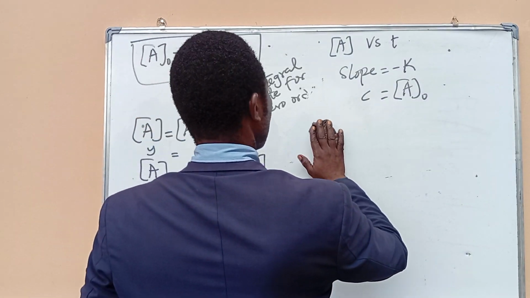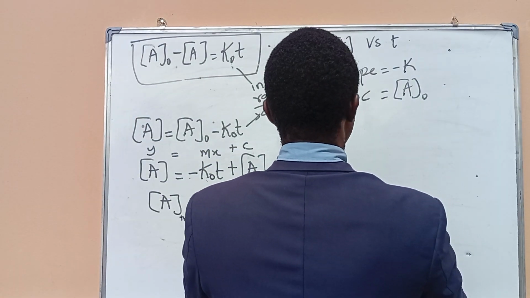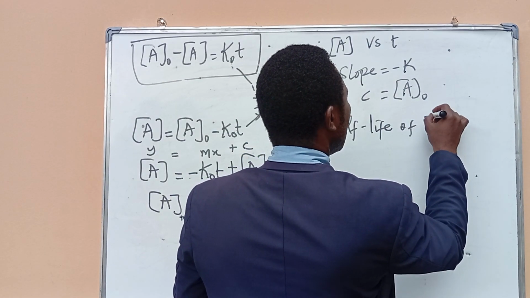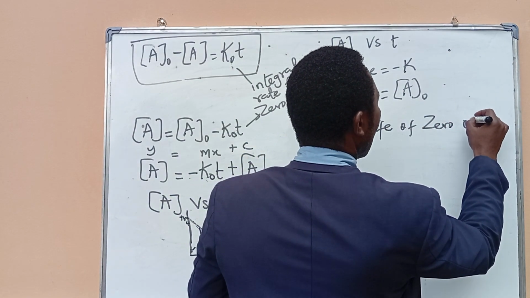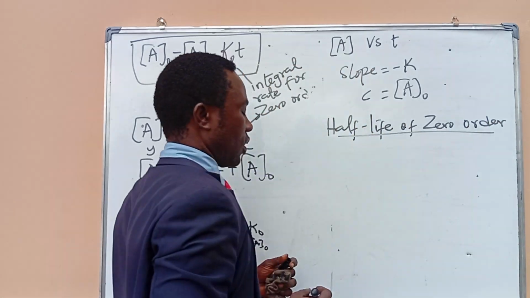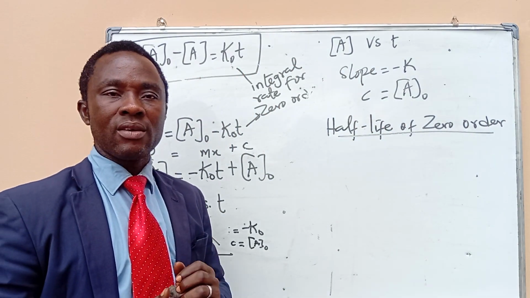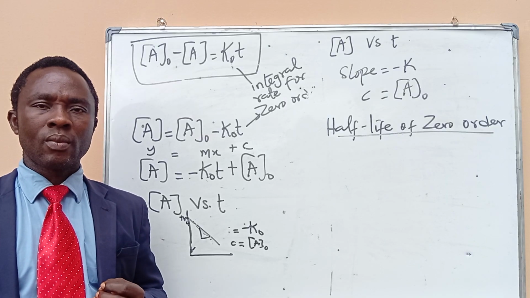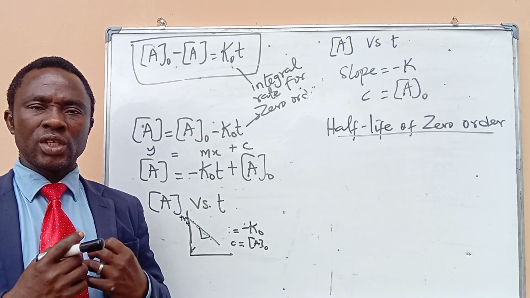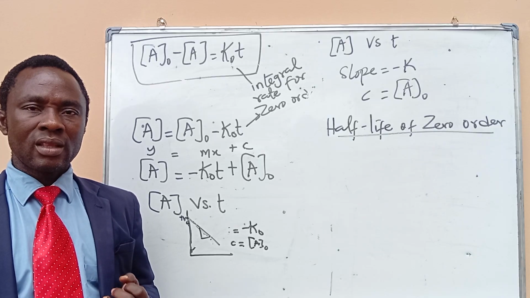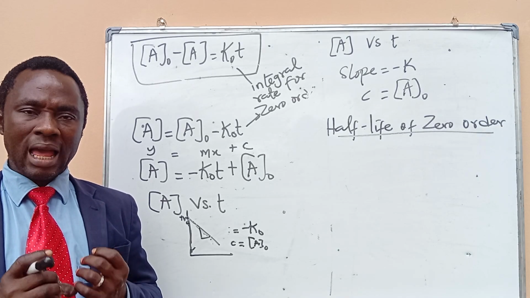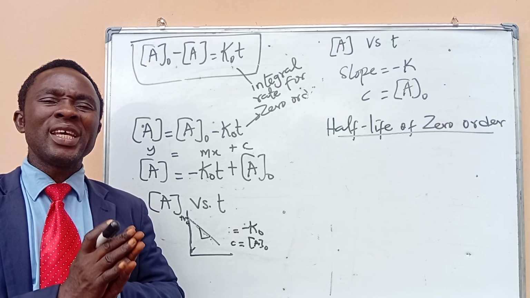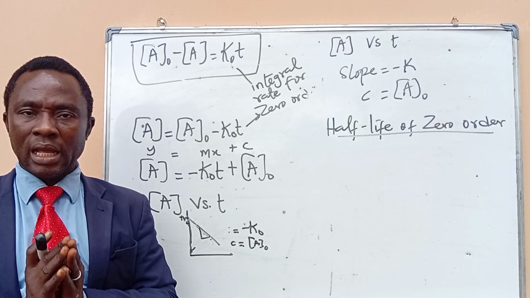All right, now let us go to the half-life of a zero order reaction. What is half-life? Half-life is the time taken for the initial concentration to be halved. That means that at half-life, the final concentration becomes equal to the initial concentration divided by 2.